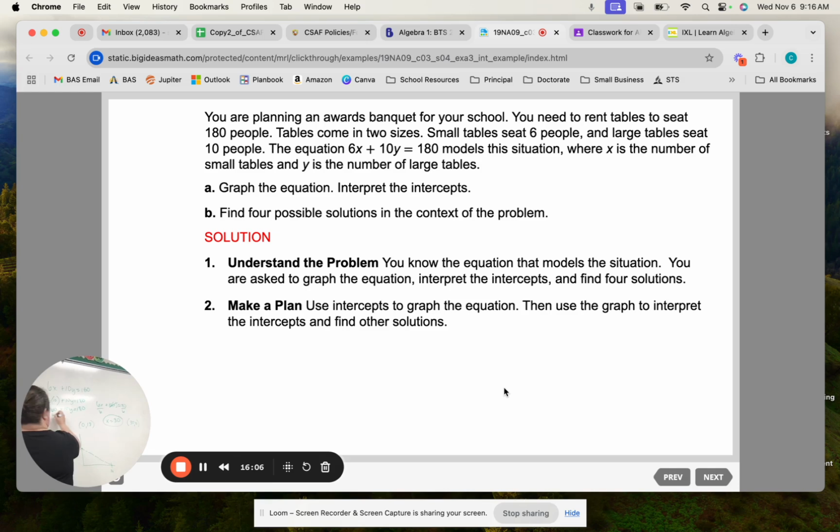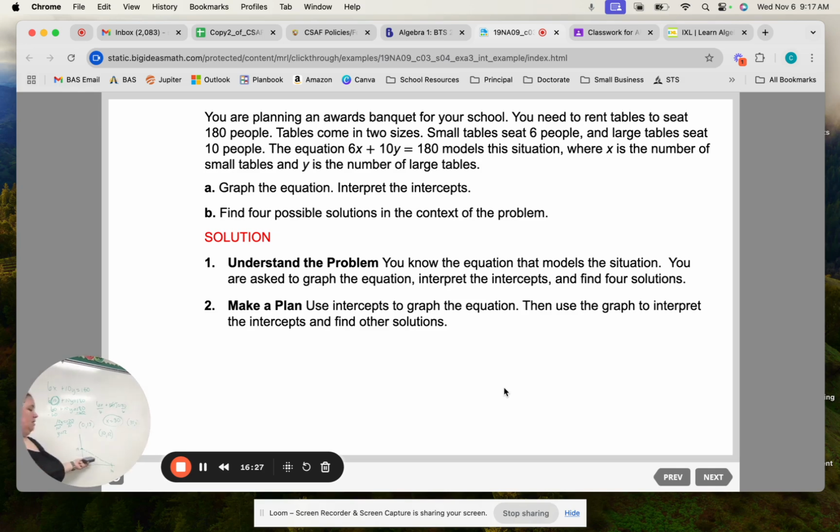I'm going to subtract 60, so 10y equals 120. Divide by 10, so y equals 12. So another solution, I bought 10 tables: 10, 12. That would be another solution.